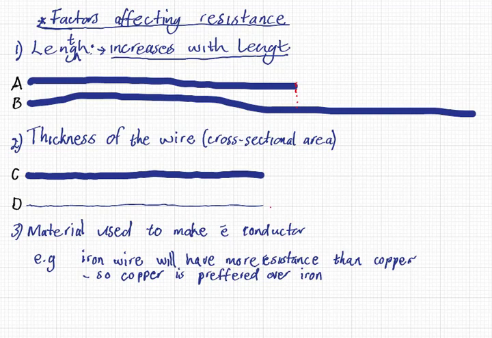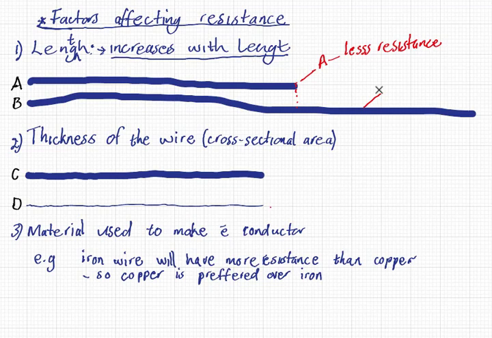So we have wire A and wire B. Everything else is the same except their length. The shorter wire, which is wire A, will have less resistance.